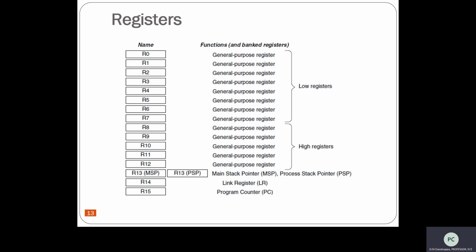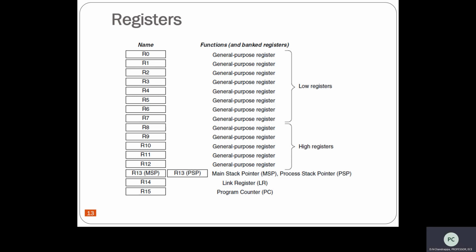So once again, I'll explain about the registers in detail. This is the representation of registers in the architecture. The Cortex M3 has registers R0 through R15. Out of that, R13 is the stack register, that is the main stack and process stack.